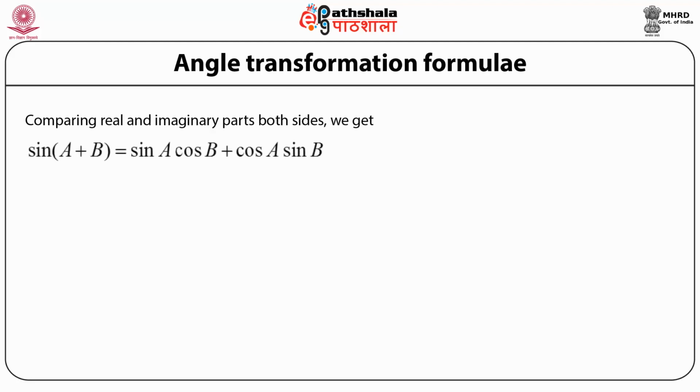Then we will get sin of (A plus B) equal to sin A cos B plus cos A sin B. Cos of (A plus B) is equal to cos A cos B minus sin A sin B.